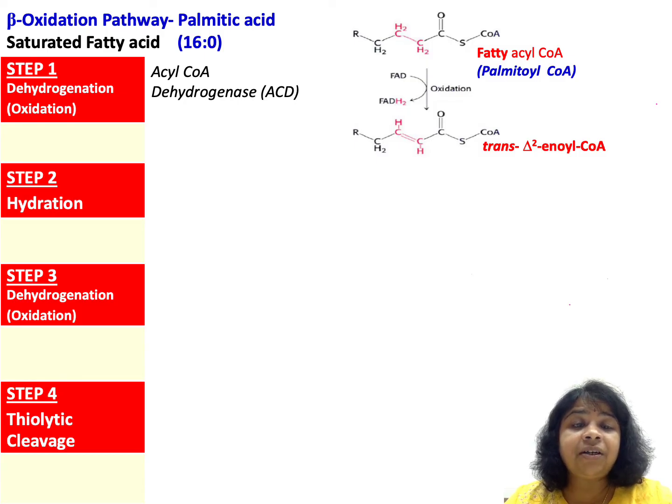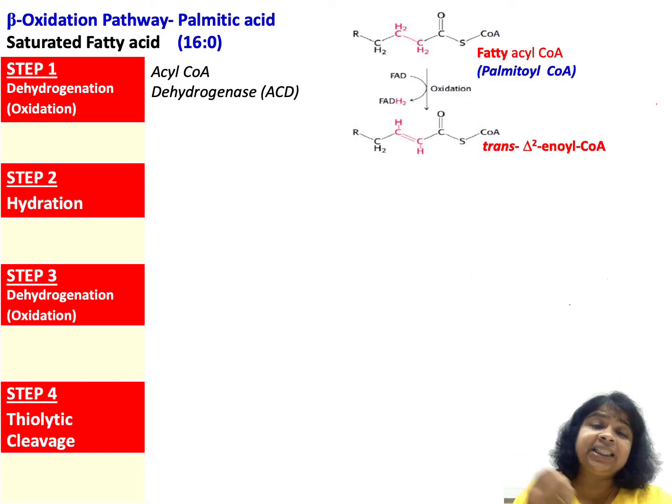So, we are going to look at what changes happen at the beta carbon atom. First step is oxidation, that is removal of hydrogen. Enzyme acyl-CoA dehydrogenase. The acceptor of this hydrogen will be FAD. I am sure you have finished this coenzyme vitamin from riboflavin. So, FAD is the acceptor of hydrogen.